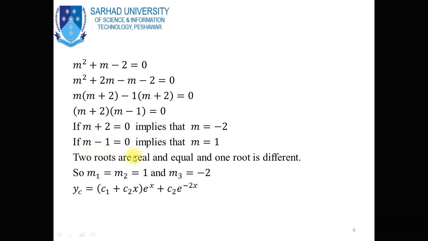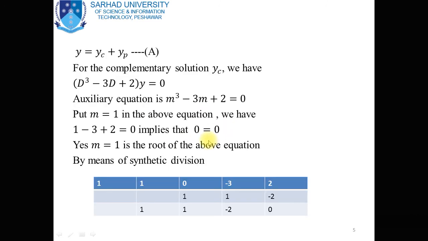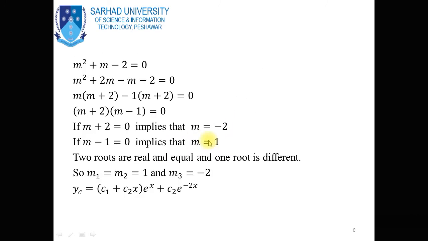Now two roots are real and equal, and one root is different. You see over here, minus 2 is a different root, and m is equal to 1, 1 are real and repeated. So for the repeated situation, the complementary solution is c1 plus c2 x into e power mx.